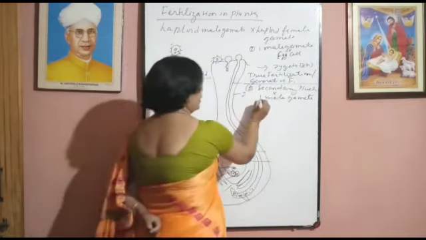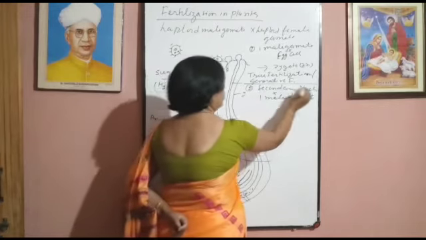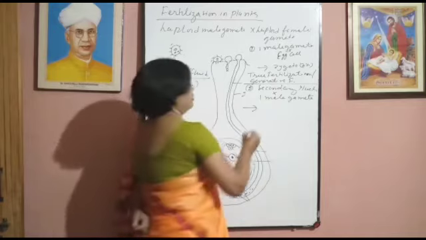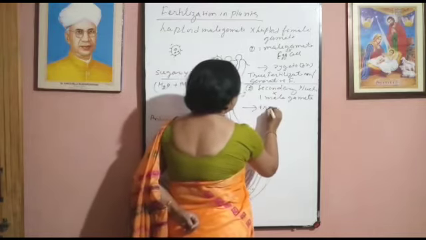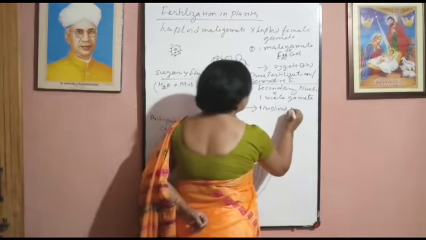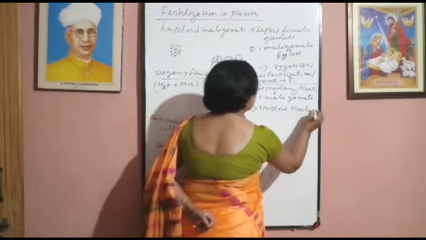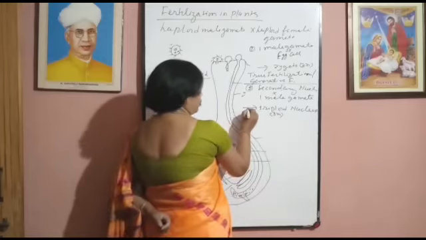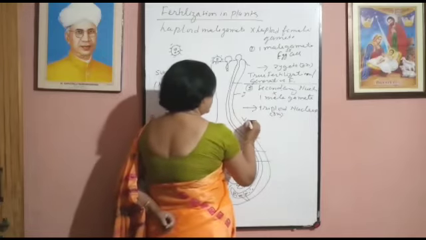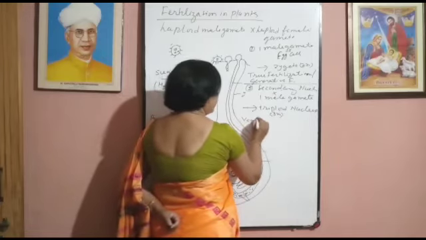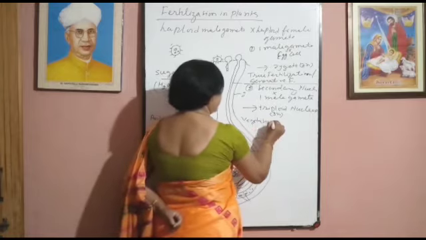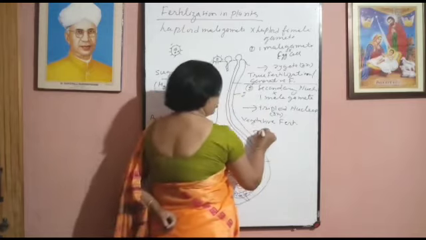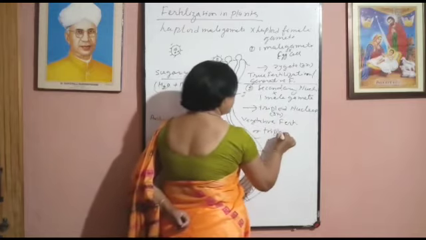Now the second male gamete fuses with the secondary nucleus and forms a triploid nucleus. And this process of fusion is known as vegetative fertilization or triple fusion.